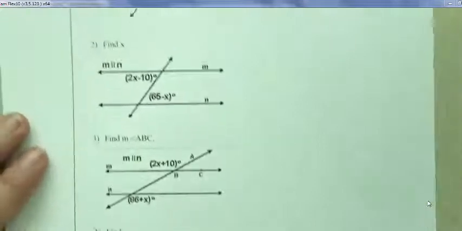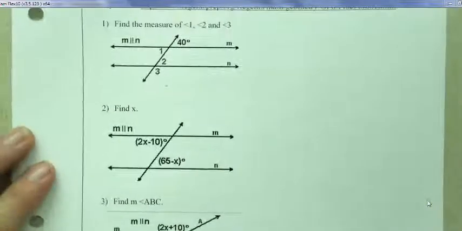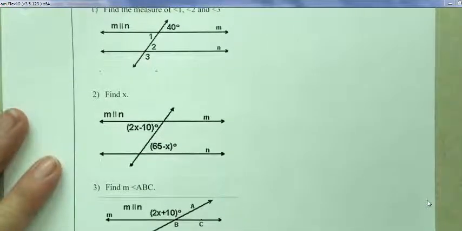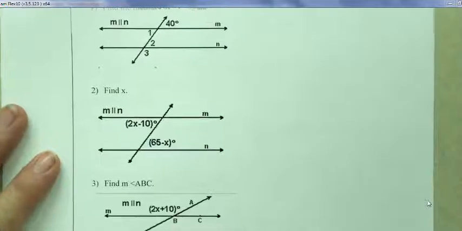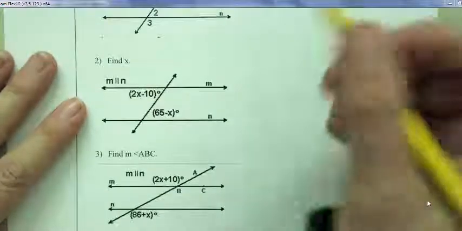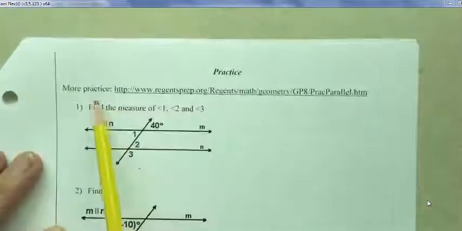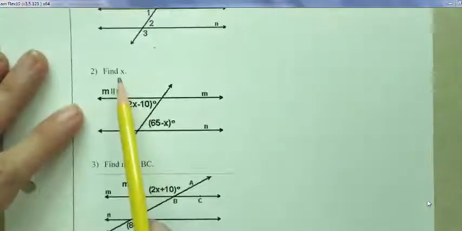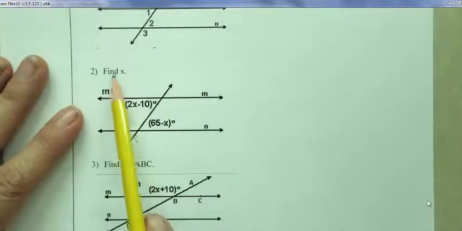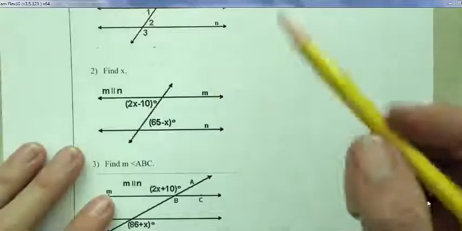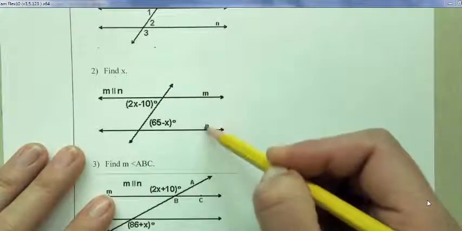Let's do a couple of these. How about I'll do 2 and 4. Okay, so let's see. There are no directions here except for here. So number 2, we're going to find x. All right, so M is parallel to N, so I know that these two lines are parallel.